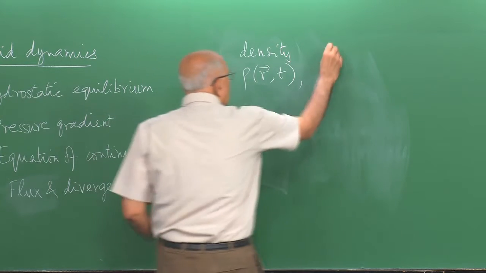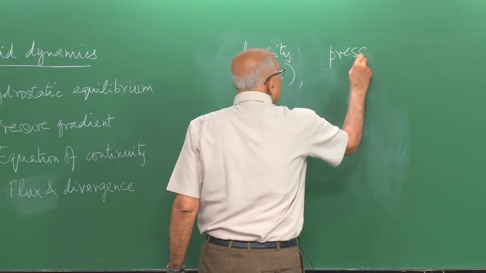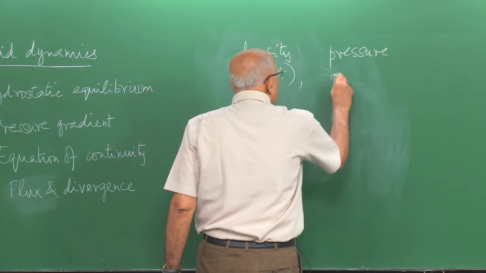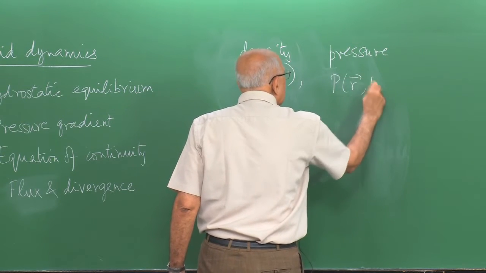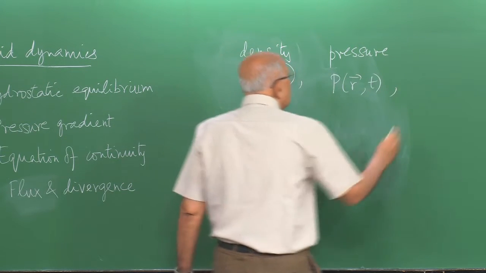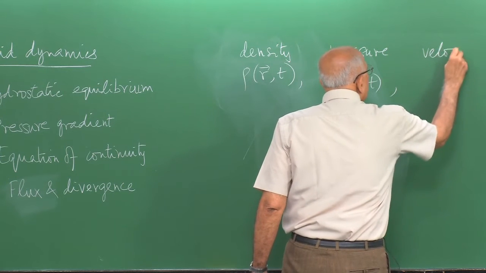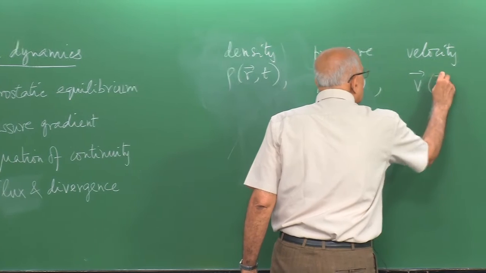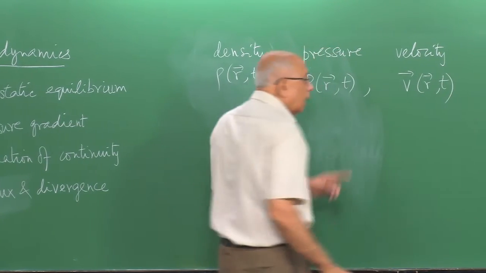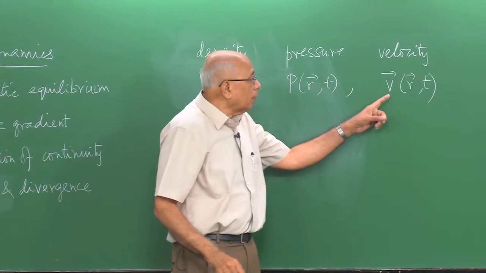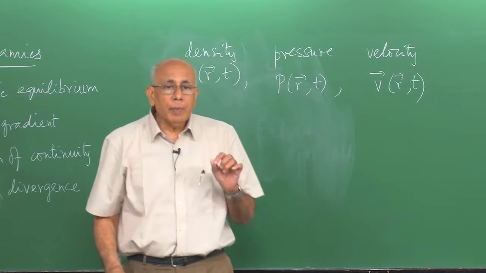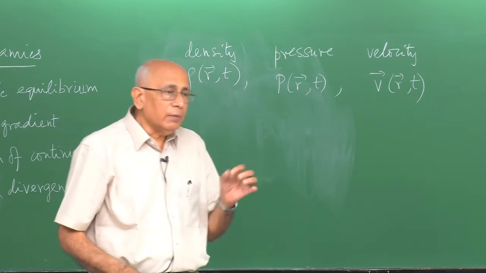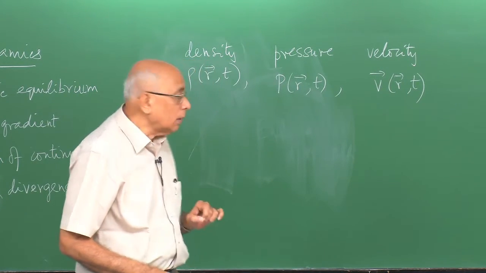the pressure of the fluid at that point, P of r and t, and the velocity at that point, and I will use the symbol v as a function of r and t. I emphasize once again that by this v I do not mean the velocity of any individual fluid element in particular.